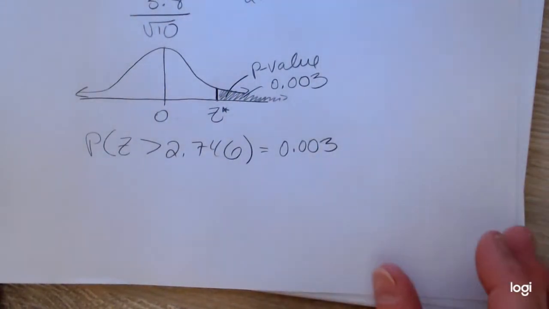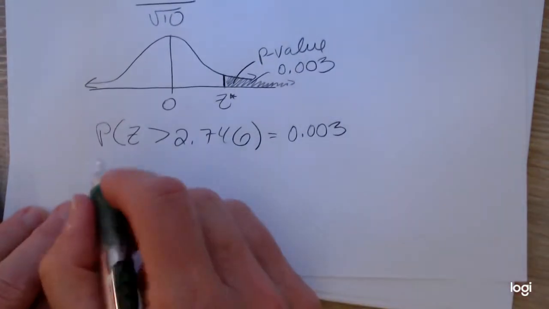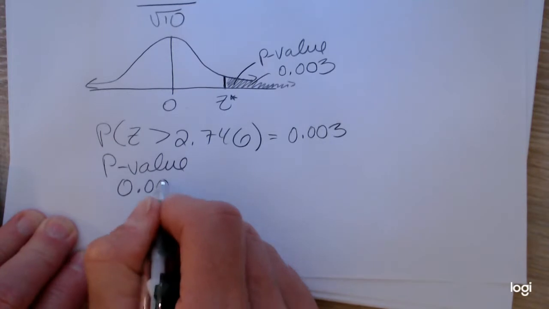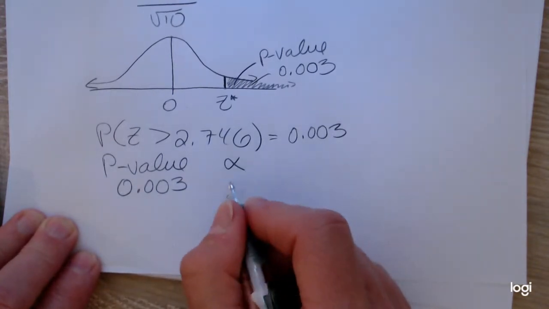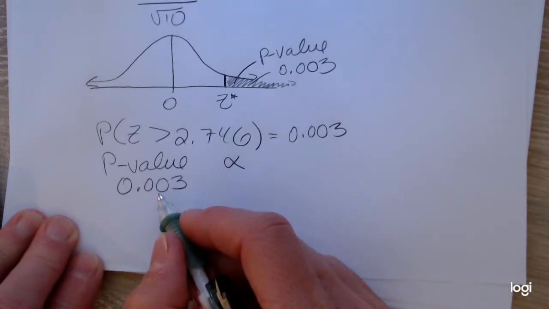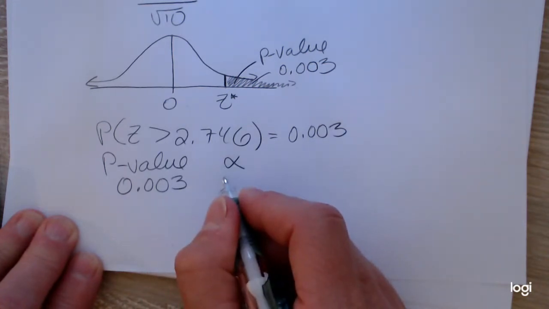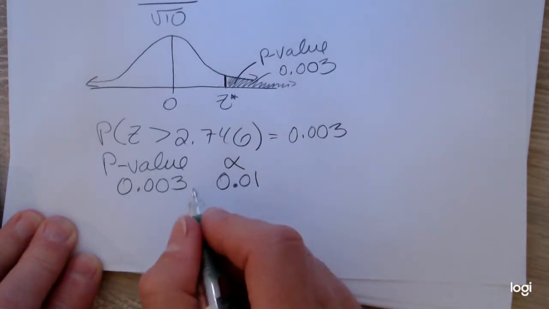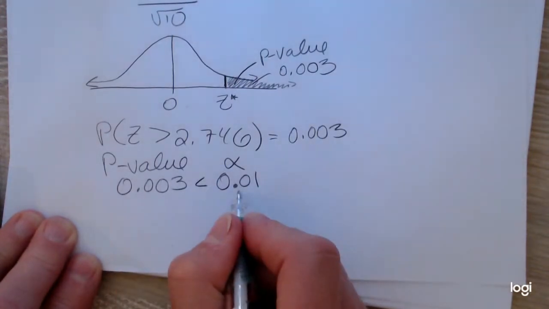Using the p-value method, we want to compare that area or that probability to our level of significance given in the problem. So the p-value is 0.003. My level of significance was 0.01. This p-value is less than my level of significance.